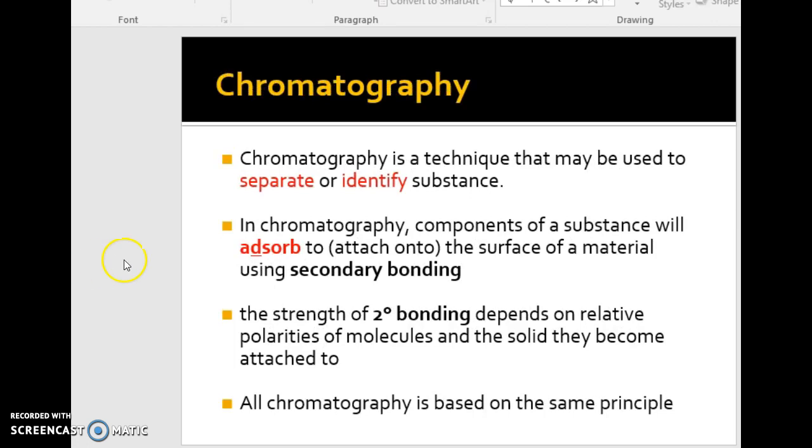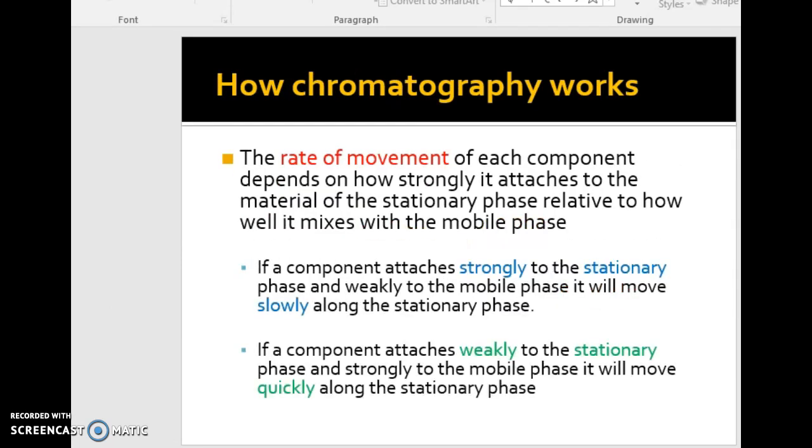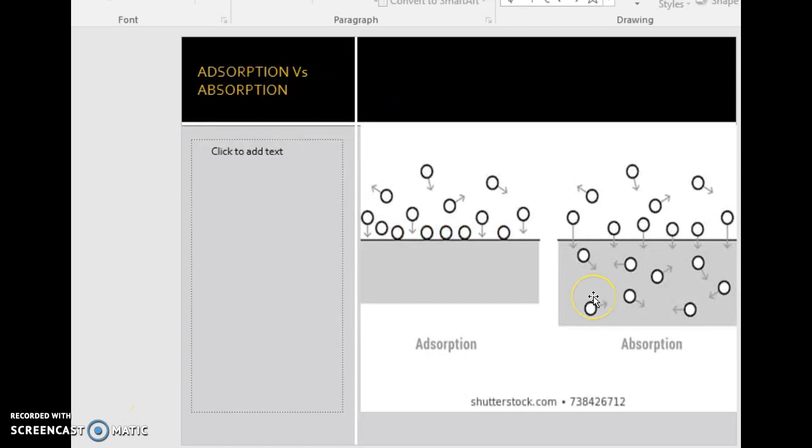Another thing I wanted to talk about is the idea of adsorption. You would have heard the term absorption, and the other one is adsorption. Adsorption is when the molecules are just bonding with the surface, the surface of your stationary phase, like the surface of a piece of paper. Absorption, which you would know, is when something actually gets absorbed into the liquid, an example being water in a sponge.